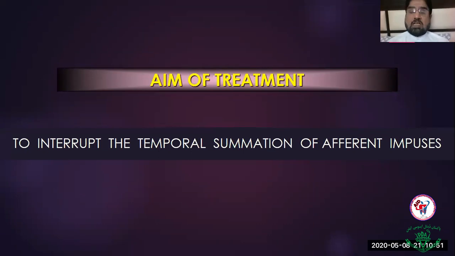If any treatment is capable of interrupting temporal summation, that means this treatment will be effective. If it is not, then we have to look for another treatment. So this is the aim of our treatment.